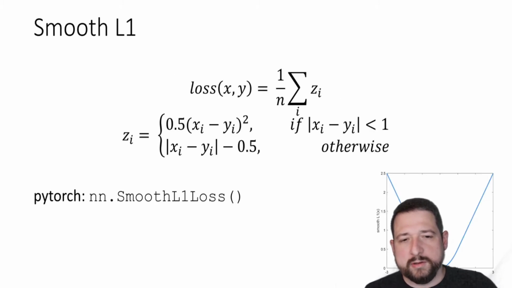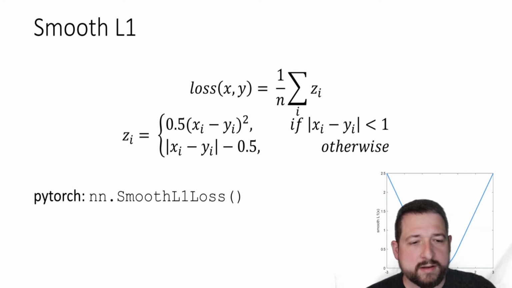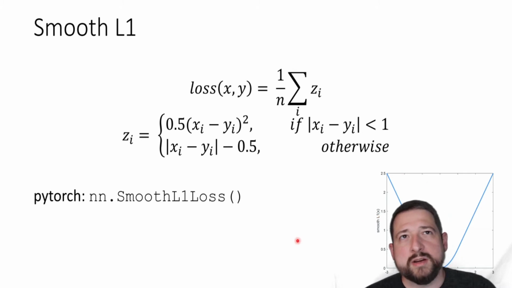The smooth L1 loss is a bit of a hack, but it behaves basically like an L2 loss at the bottom. So it has a smooth round shape here, and like an L1 norm for large errors, so it's straight here.